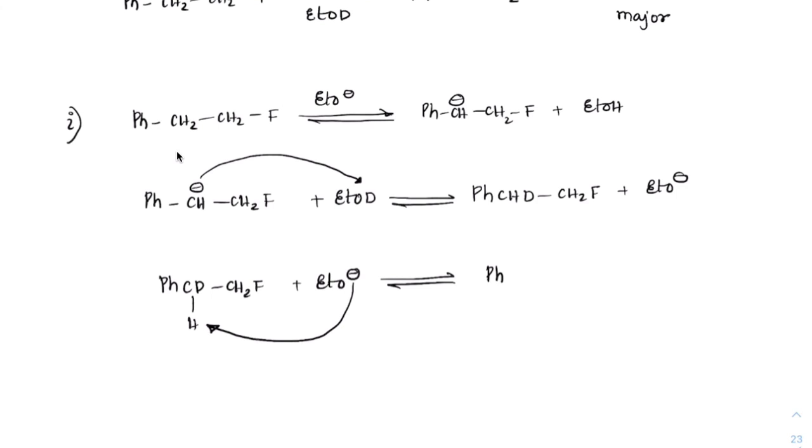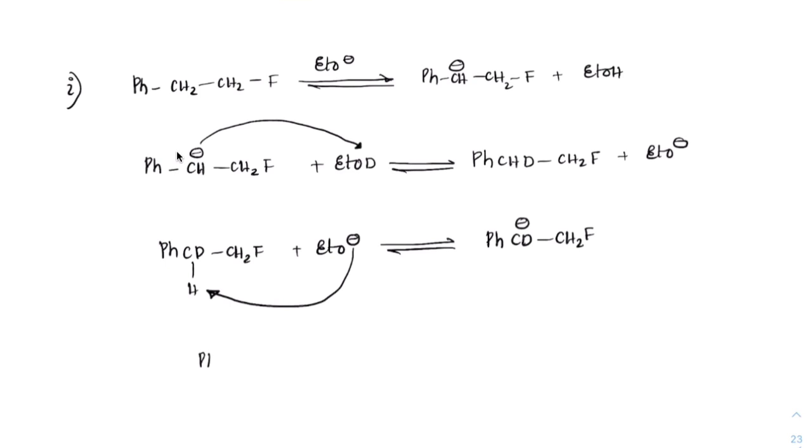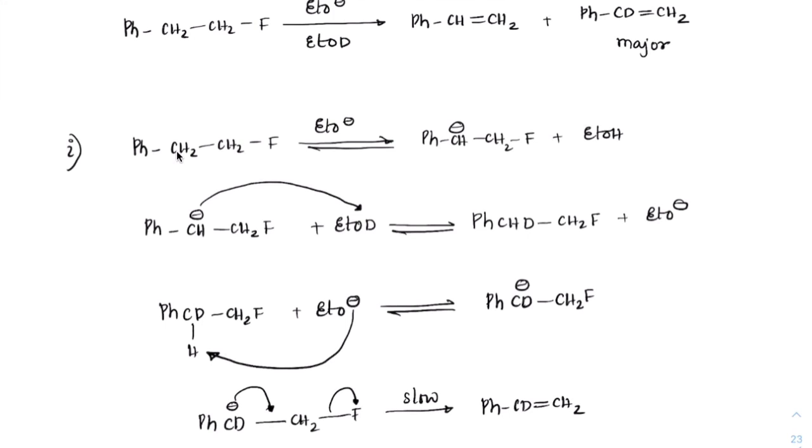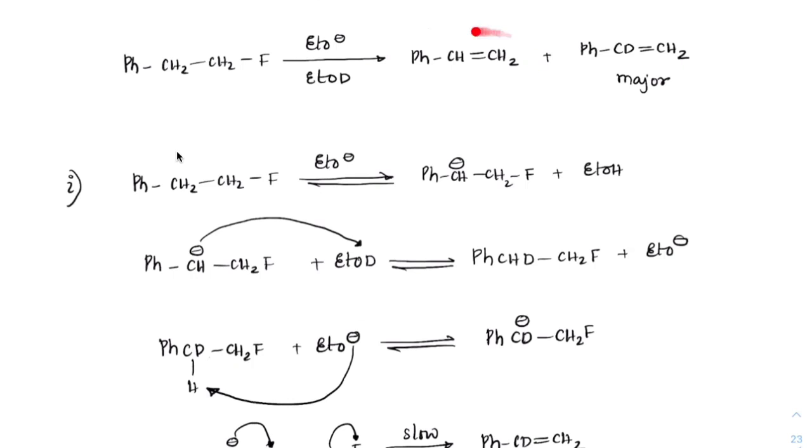We can have PhCD minus and CH2F, and once you have this PhCD minus CH2F, this is a slow step where fluorine will leave, and you will get the product PhCD double bond CH2. What I meant to say is, directly without interacting with the solvent, we may get the product also, which will be this one.